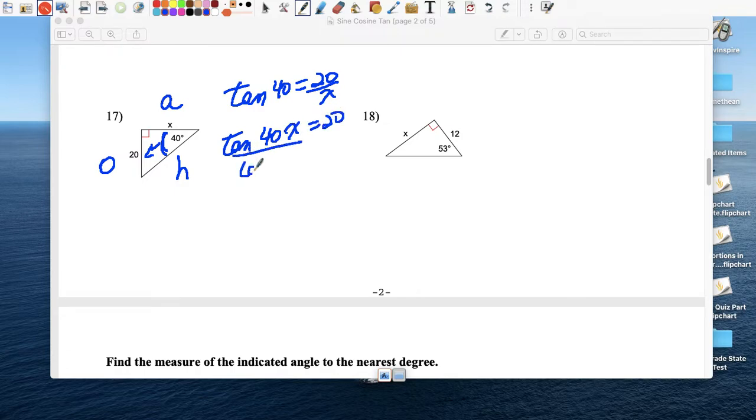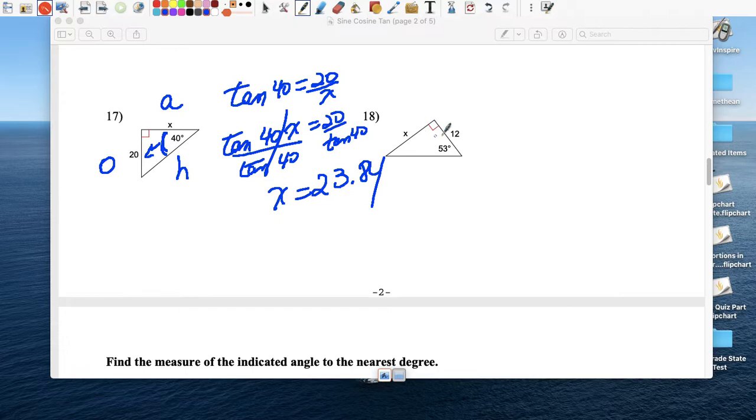Divide by tan of 40, and x equals 20 divided by tan of 40. We get 23.84 rounded.